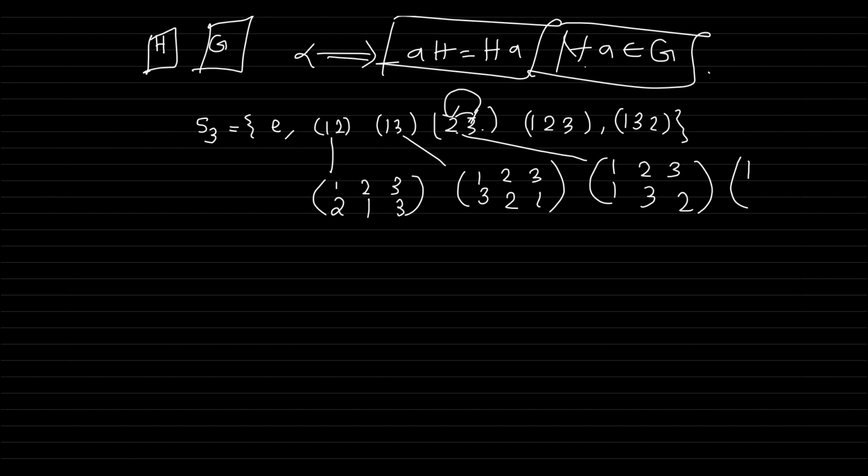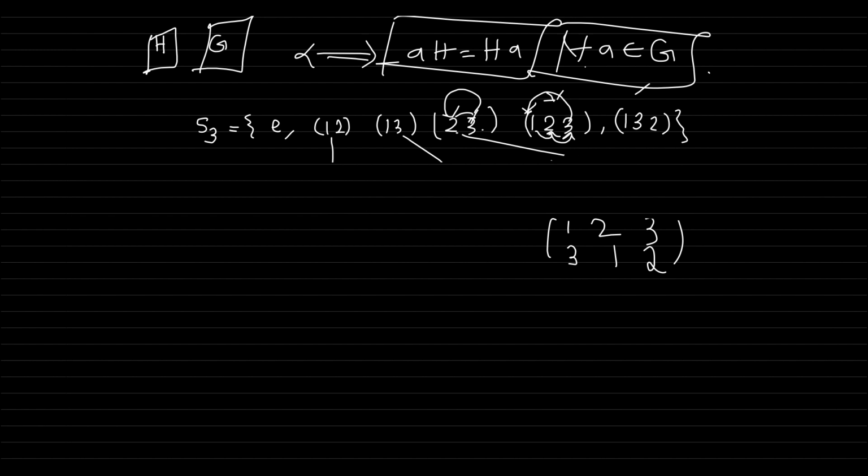Next (1 2 3): 1 maps to 2, 2 maps to 3, and 3 maps to the first element 1. And the last one, (1 3 2): 1 maps to 3, 3 maps to 2 and 2 maps to 1. Okay, so these are the elements.